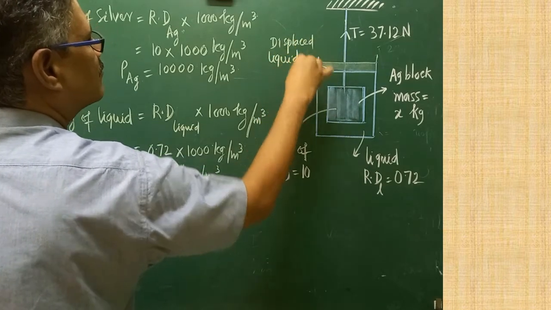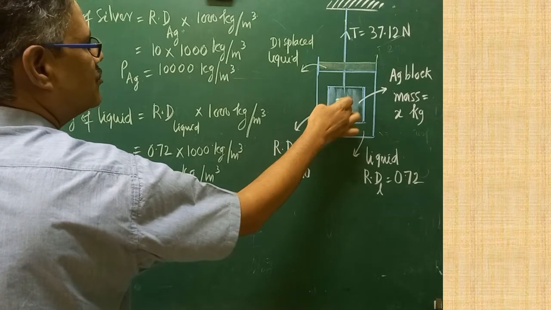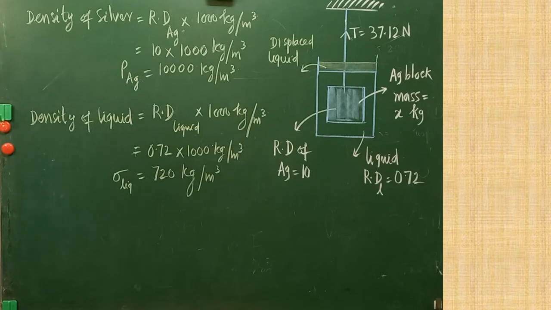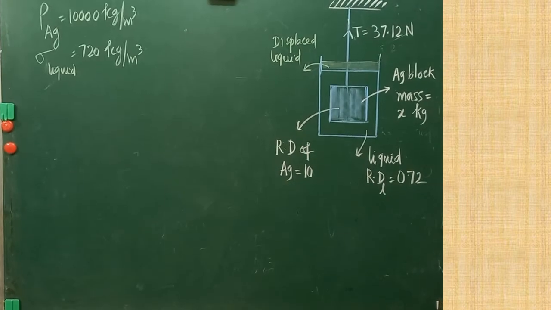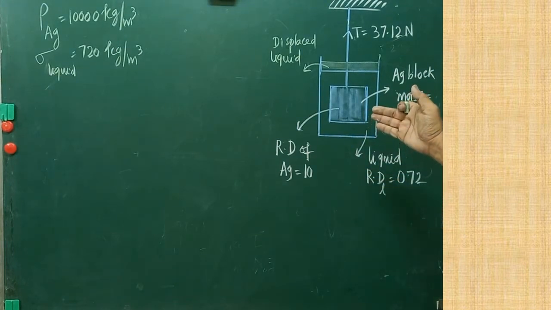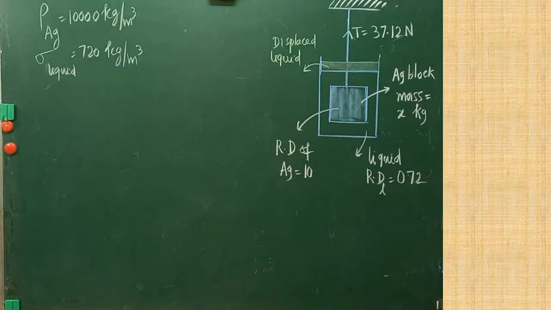The volume of the silver block and the volume of the liquid displaced, both of them will be the same. Are you clear? Whenever any solid object is immersed inside the liquid, you can calculate the apparent weight. Apparent weight is nothing but a virtual weight caused due to the immersion of the solid within the liquid.